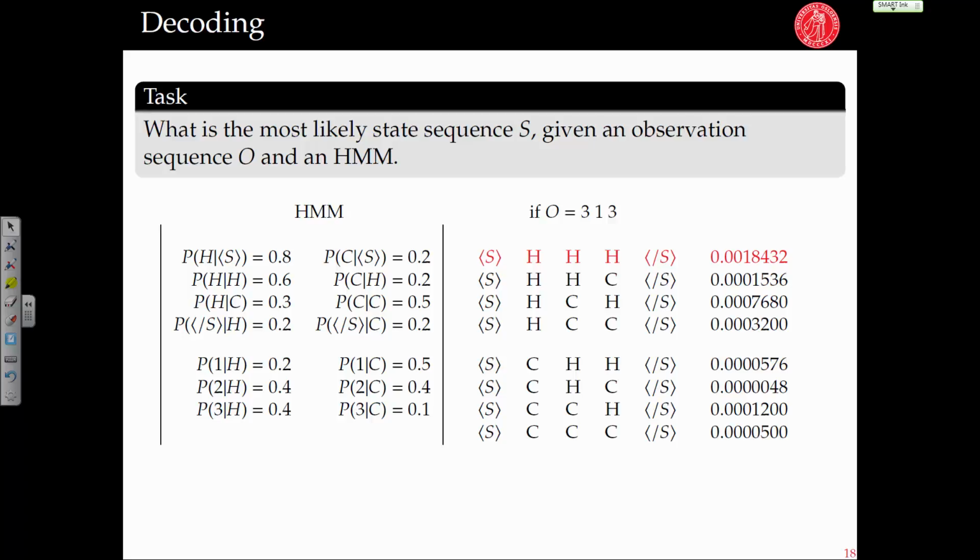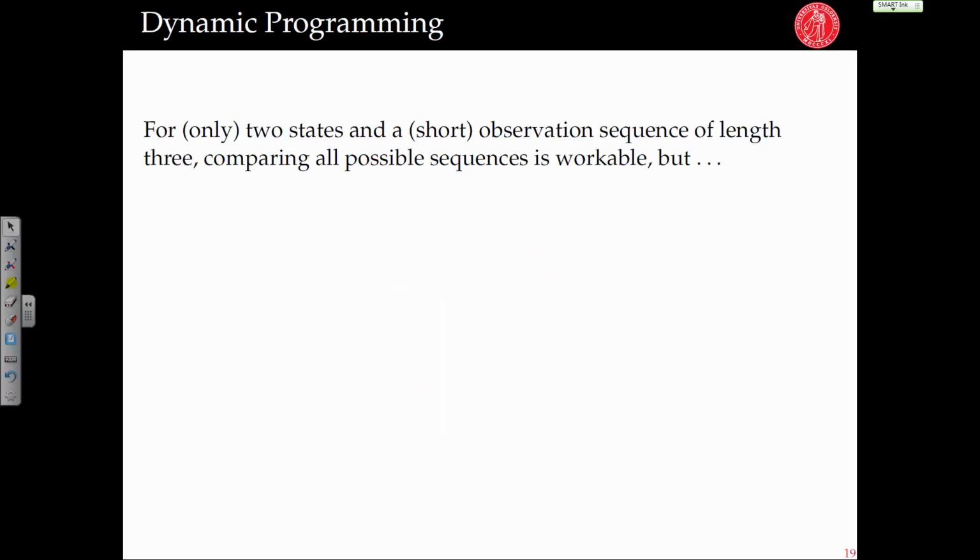The number of sequences is 2 to the third. This approach would work when we have something like this: only 2 states and a very short observation sequence. It's doable, and we can enumerate them all and do all the computations.